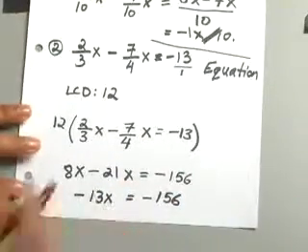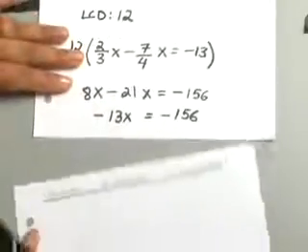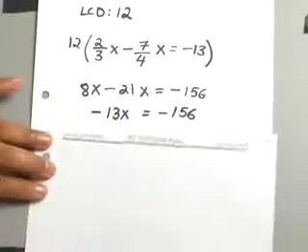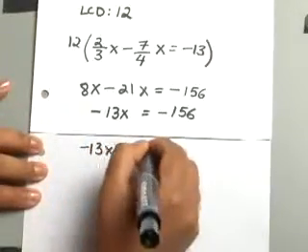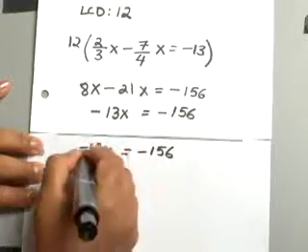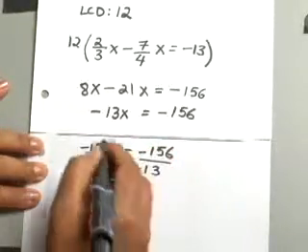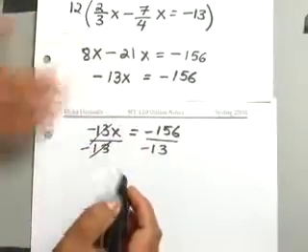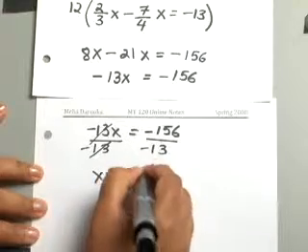And now you want to try and solve for x. So go ahead and divide both sides by negative 13. And what will that give you when you divide negative 156 by a negative 13? And you will see you will end up with x equals 12.